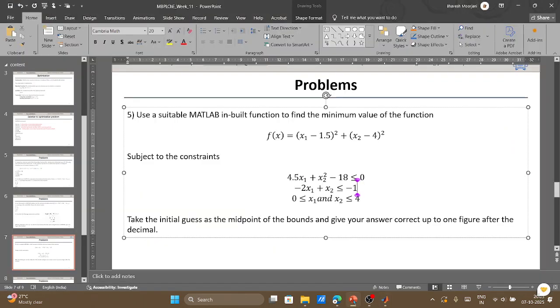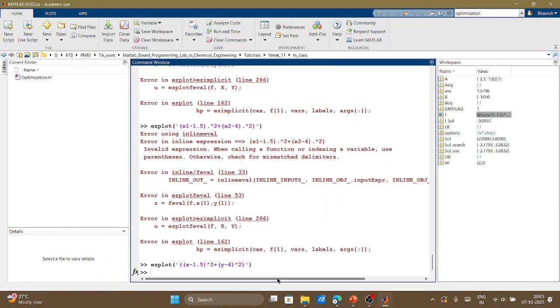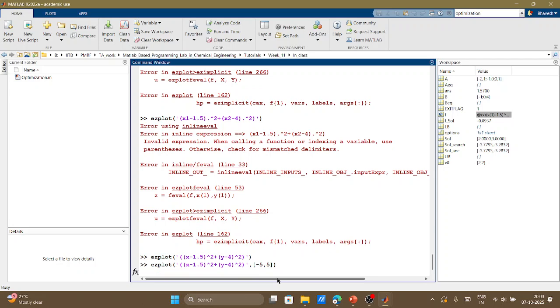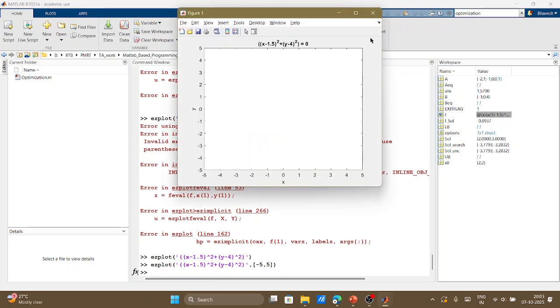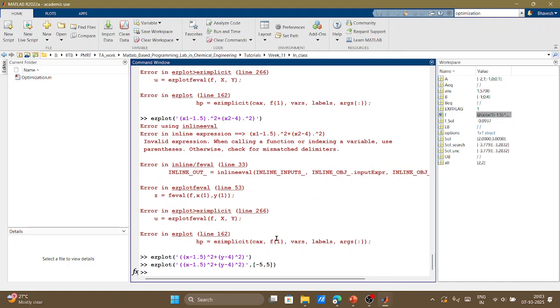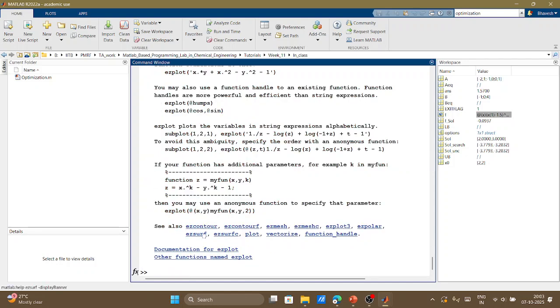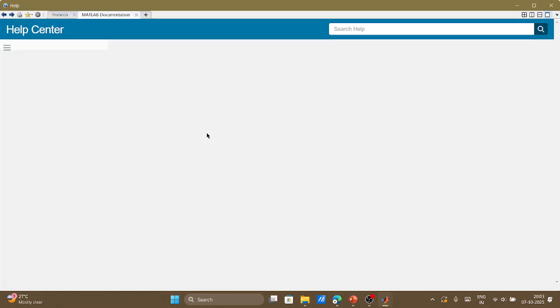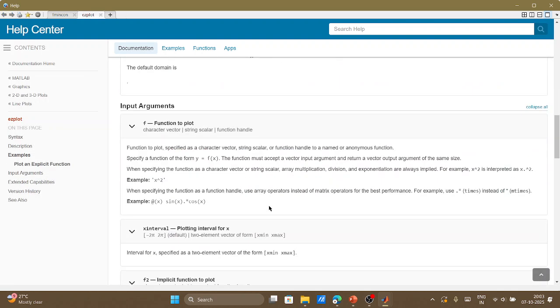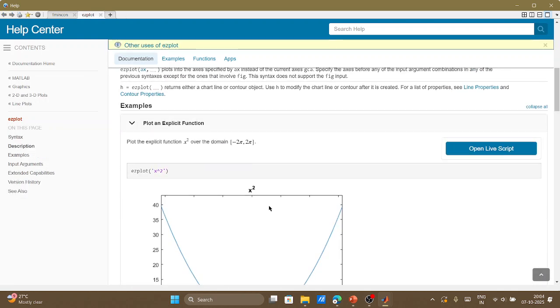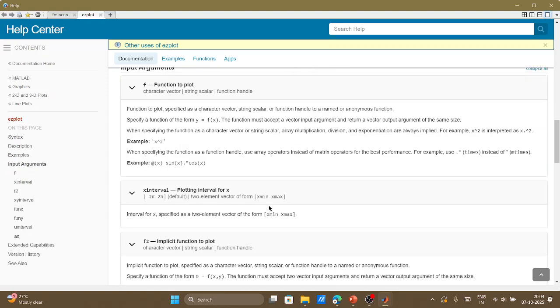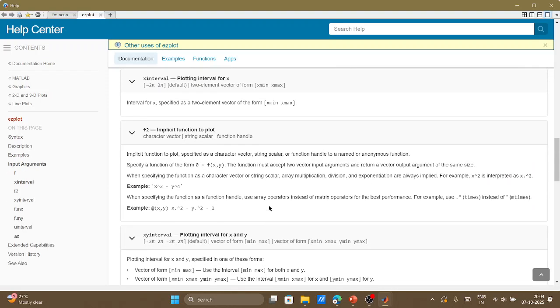It's not coming, is equal to 0. I need to provide the domain part here.